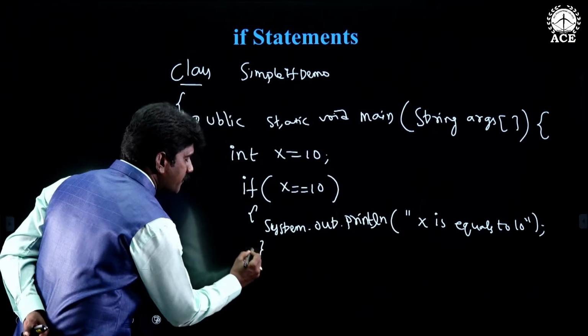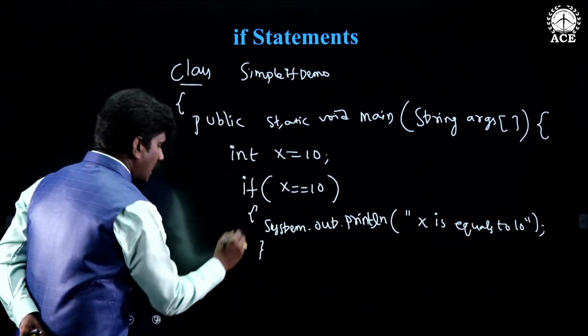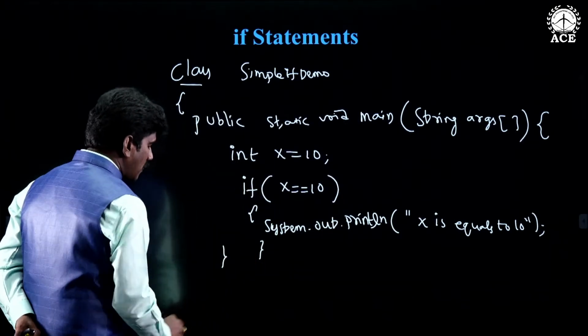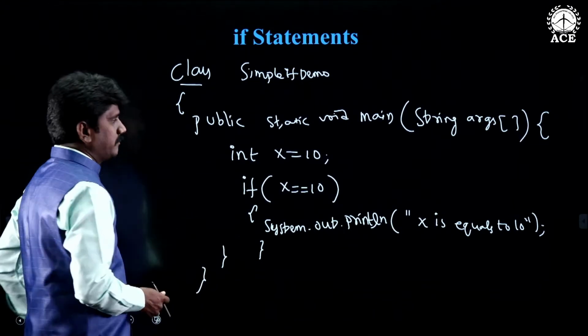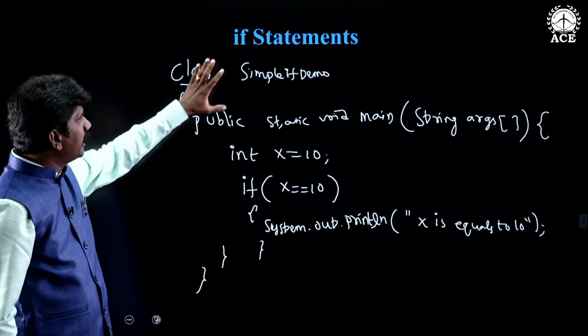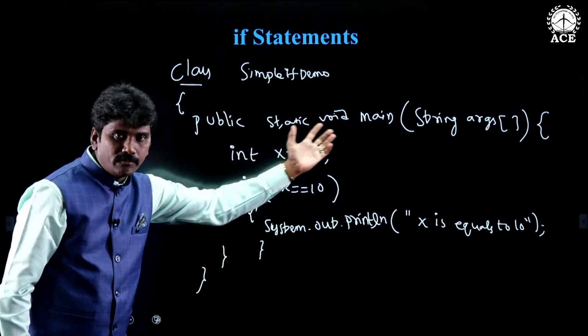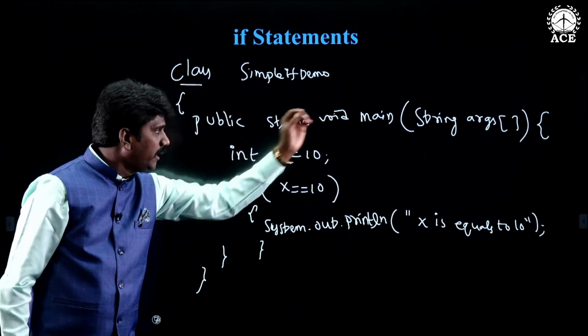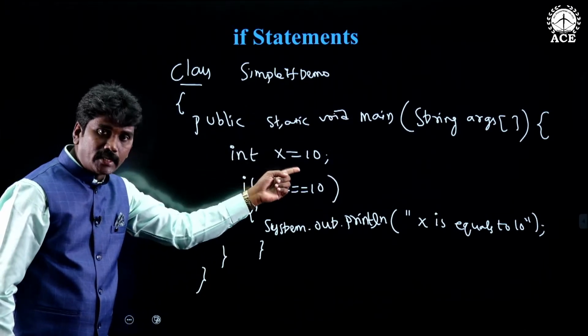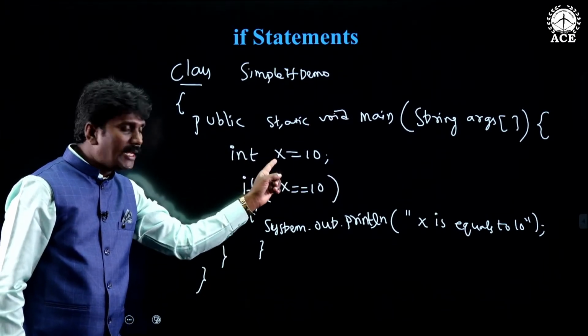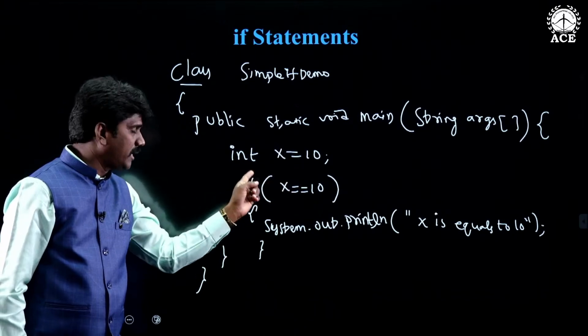I am closing the if statement, the main method, and the class. Here we have used the class name and public static void main, which is opened. Then int x = 10: I have taken one variable x with the value 10 of integer type.